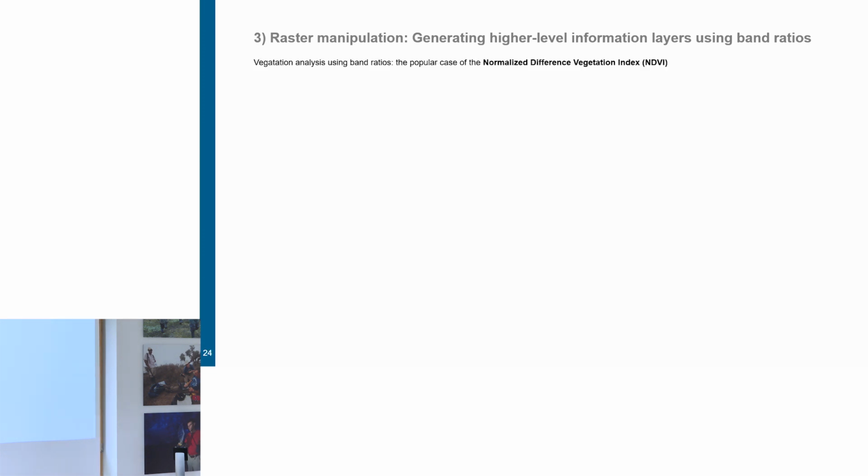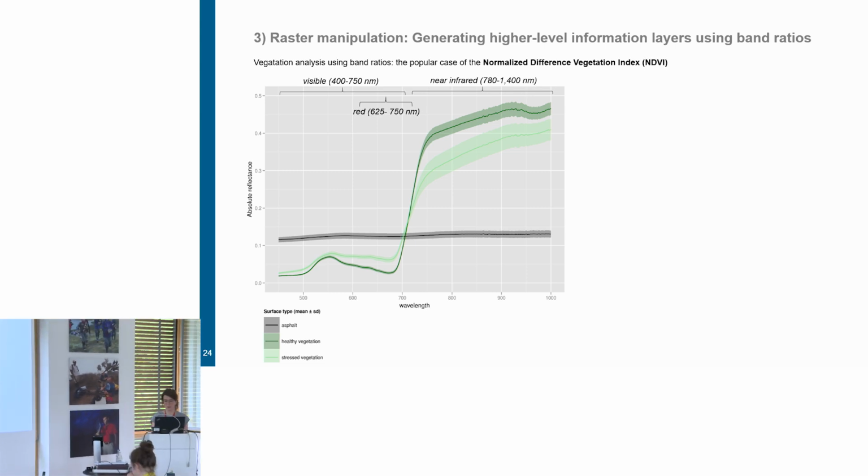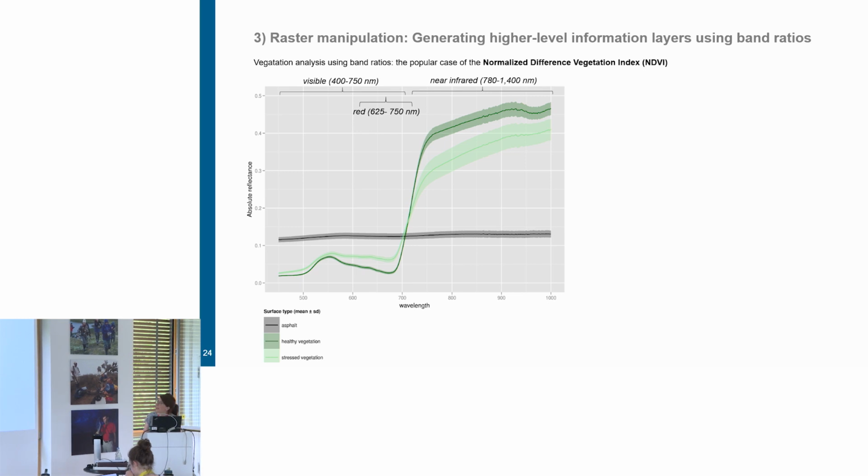The most popular example everyone knows is probably the vegetation index, the normalized difference vegetation index. I just want to give you an idea what it does, also to better grasp why we are using these ratios. This is a typical spectral profile of healthy and stressed vegetation: healthy vegetation in dark green, the stressed one in bright green, and you also have asphalt.